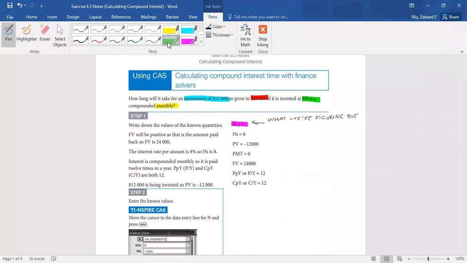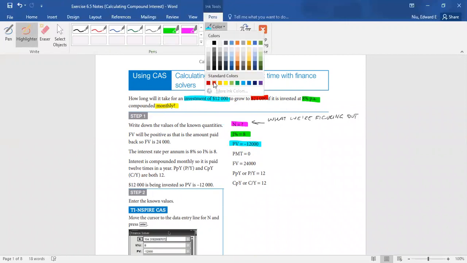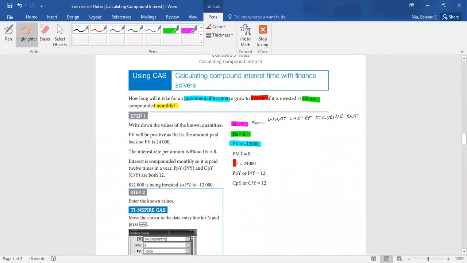We know the interest is 8%. We know our investment started at $12,000. We don't really have any payments to make. And we know we want to see the duration it takes for it to turn into 24,000.